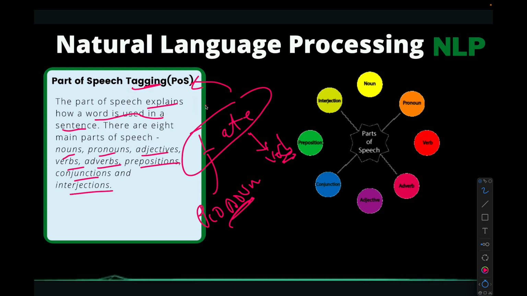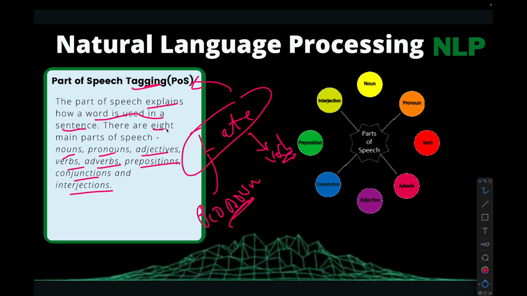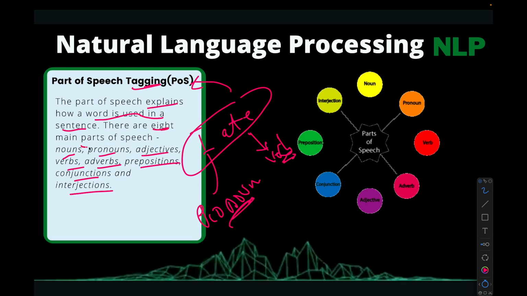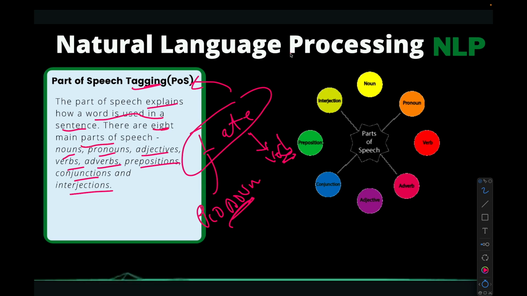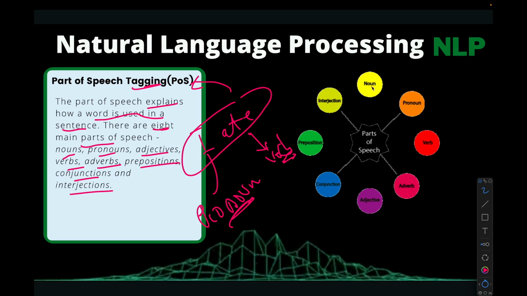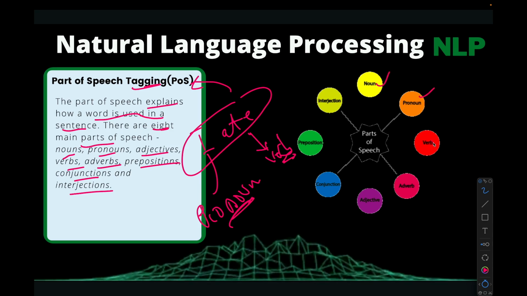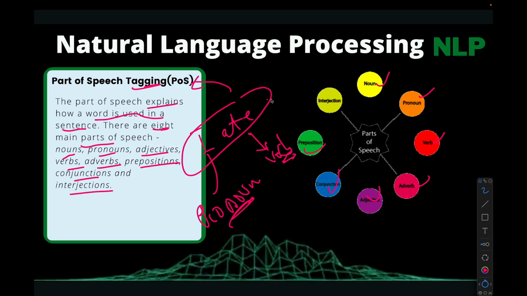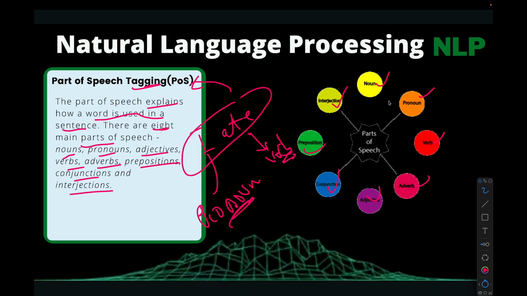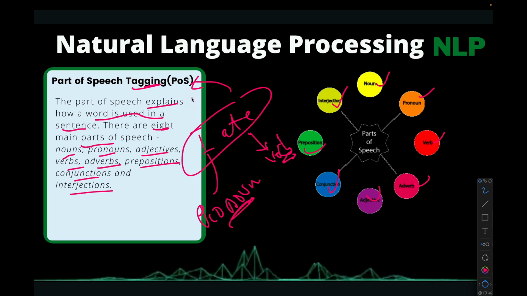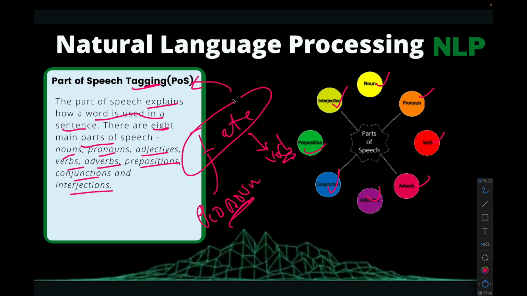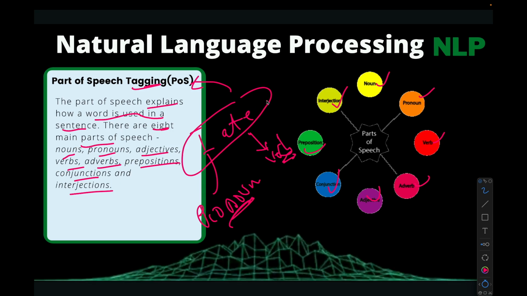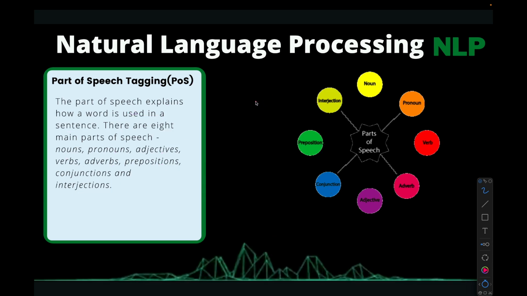We have 8 main parts of speech in English grammar: noun, pronoun, verb, adverb, adjective, conjunction, preposition, and interjection. In NLP, we even have more complex ones, which I will show you in a jiffy.